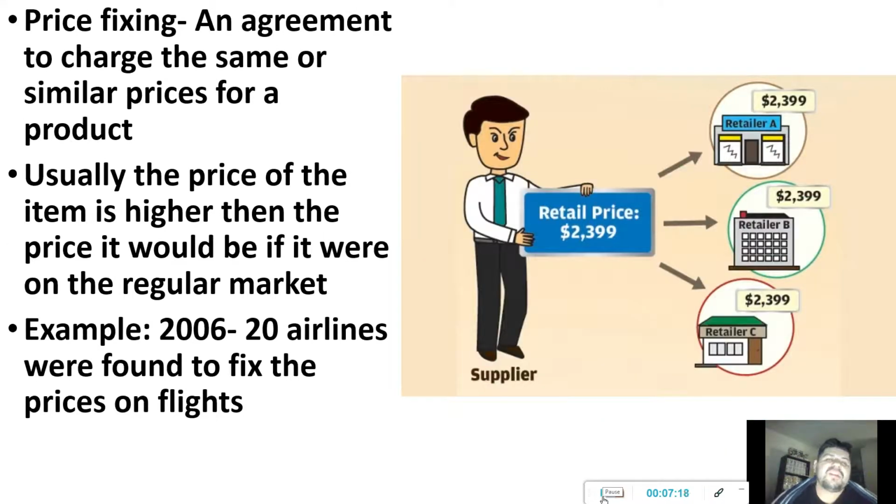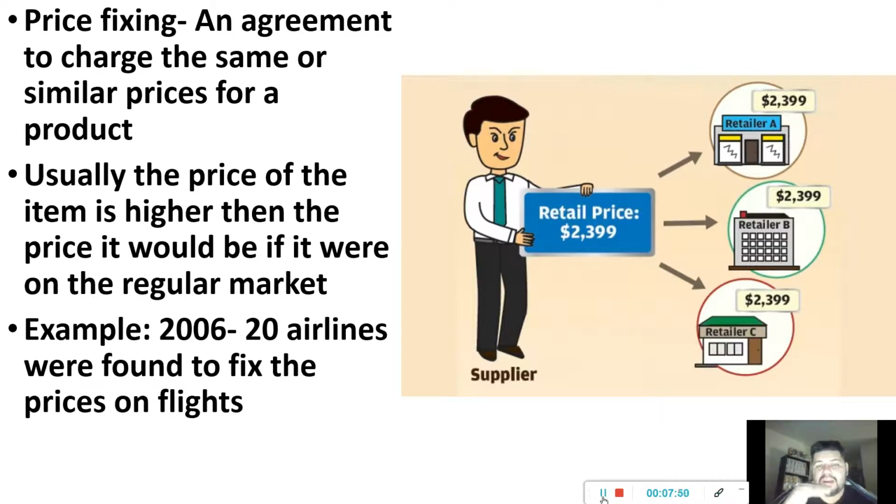All right, so price fixing. This is basically an agreement to change a price, either the same as everyone else or similar to everyone else. So think of it like this: if you, your best friend, and I all own the same type of product, and we're all in competition against one another, and you're selling it $5 cheaper, your friend is selling it $10 cheaper than me.